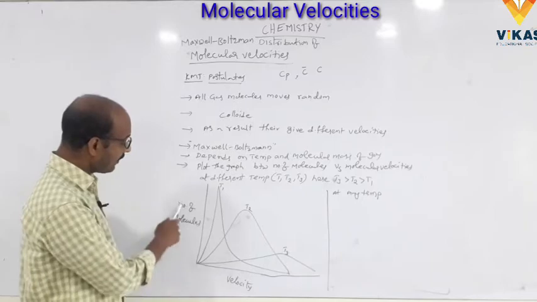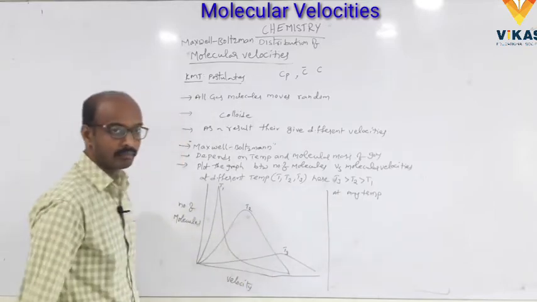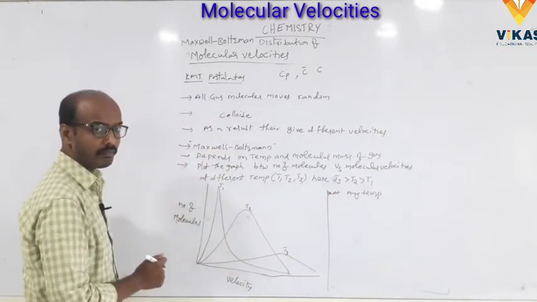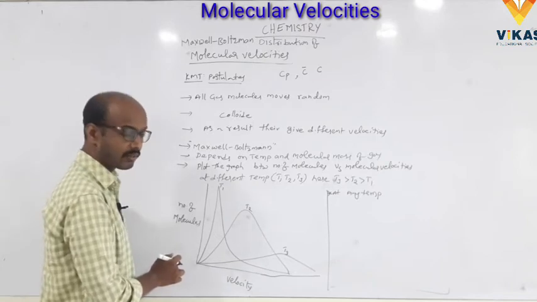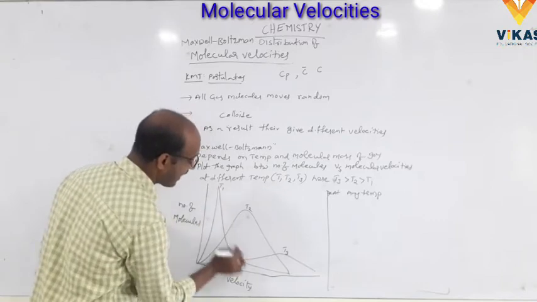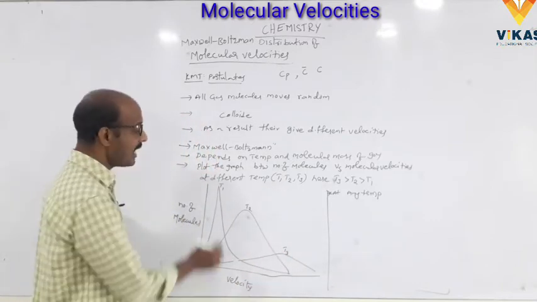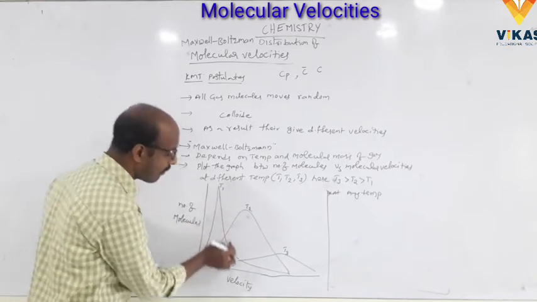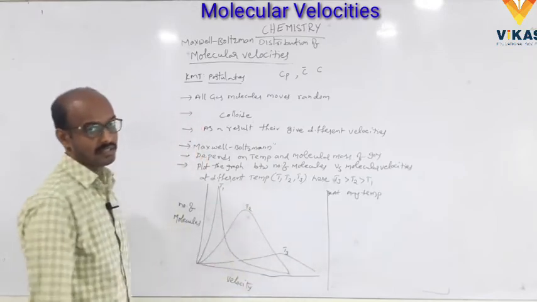We draw the graph between number of molecules versus velocity. At any temperature the plot gives different velocities, that means it gives higher molecular velocity and lower molecular velocity.